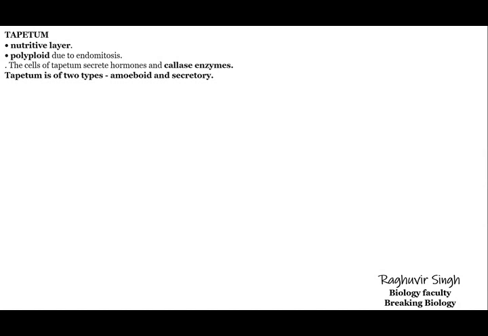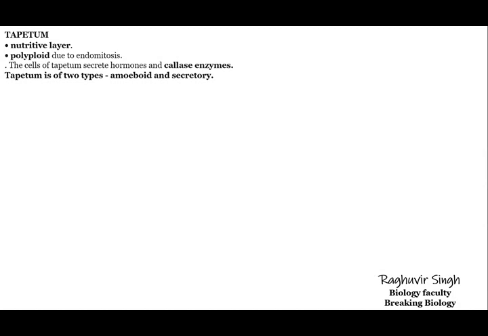So a single cell contains more than the normal number of chromosomes. The ploidy in the tapetum cells is triploid or tetraploid, that is 3n or 4n, whereas the normal number is diploid, 2n. So the polyploid nature is found in the tapetum.